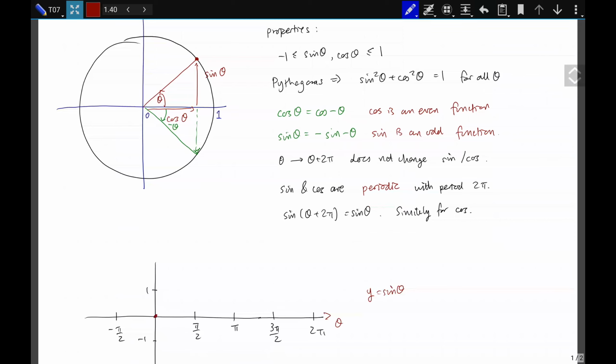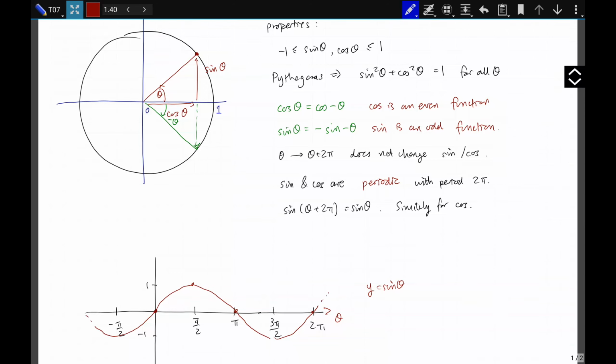And at pi by 2, or 90 degrees, it's at the top here, the value is 1. And in general, we get the familiar sine curve. But remember that it does keep going, and it keeps going in the negative direction as well. Don't forget that, don't just stop at 2 pi.